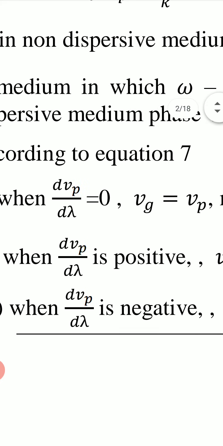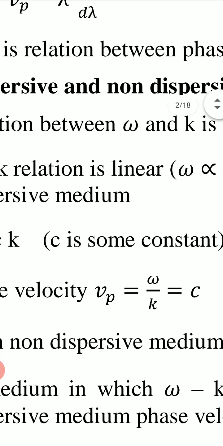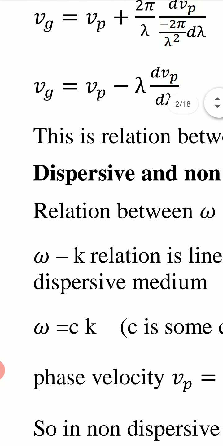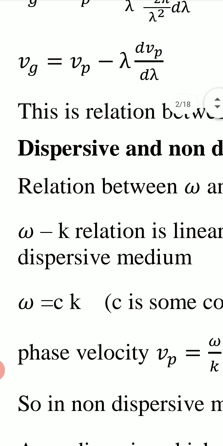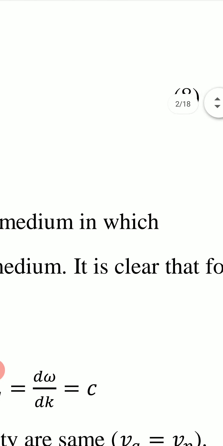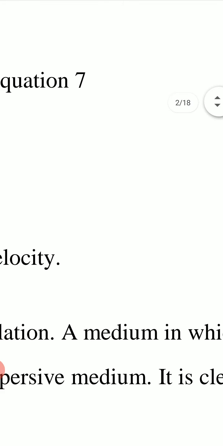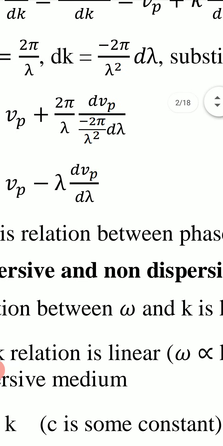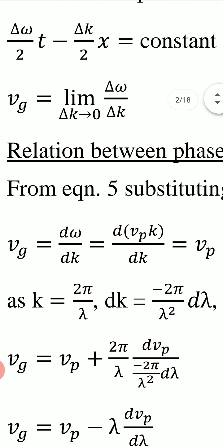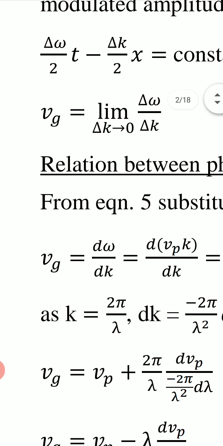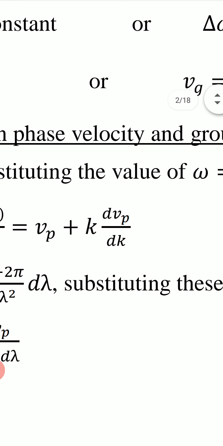Equation 7 is Vg equal to Vp plus k dVp upon dk, and the relation between group velocity and phase velocity in terms of wavelength is equation 8.